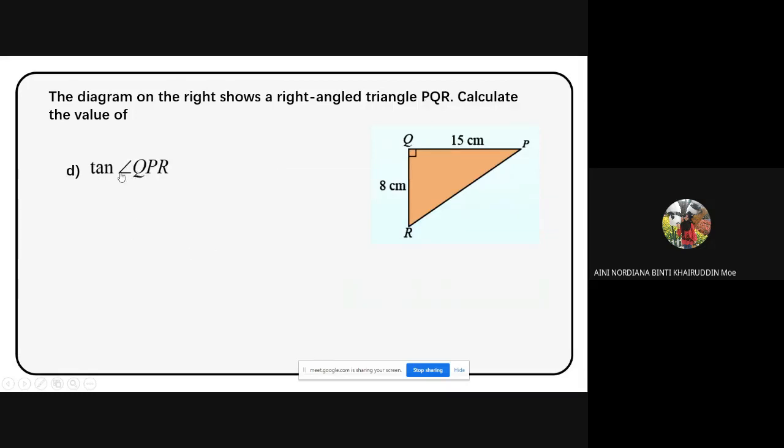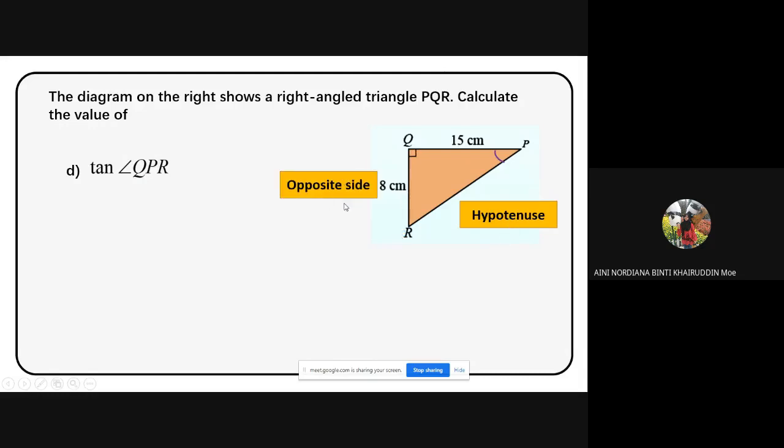Tangent angle QPR. So now the question asks for angle P, which is here. So now the opposite and adjacent sides are different. The hypotenuse remains unchanged.